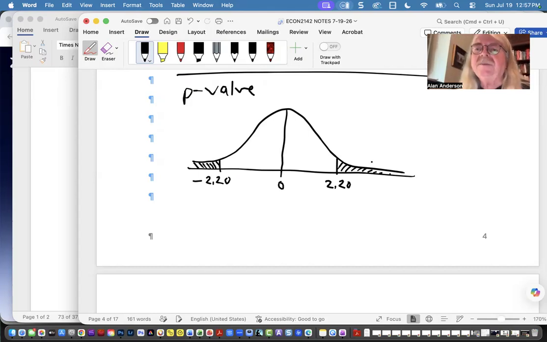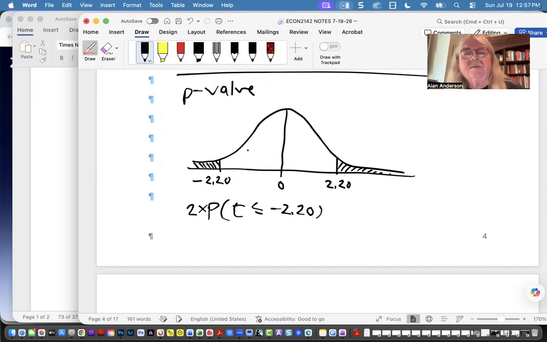And that's because it's a two-tailed test. So what we can do is calculate the probability that t is less than negative 2.20 and then double it because both of those tails have the same probability.